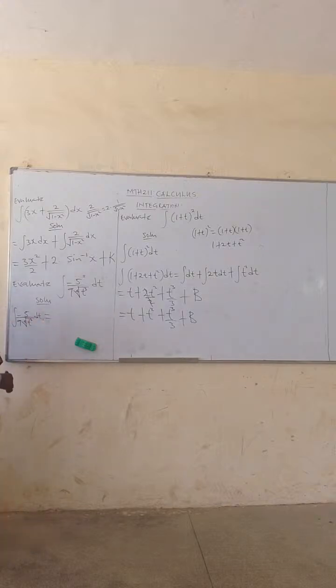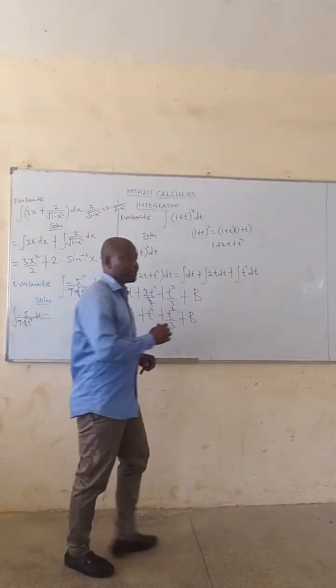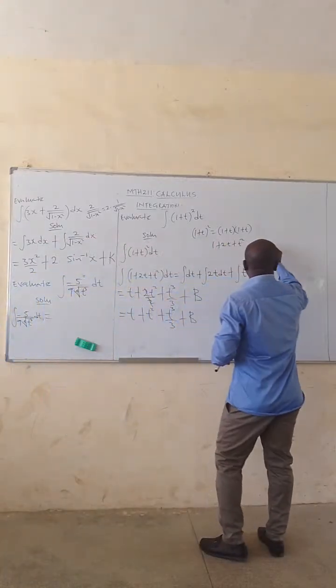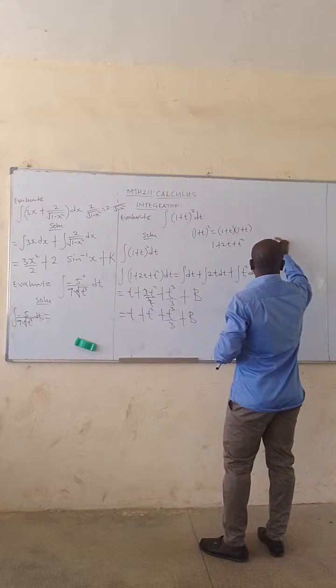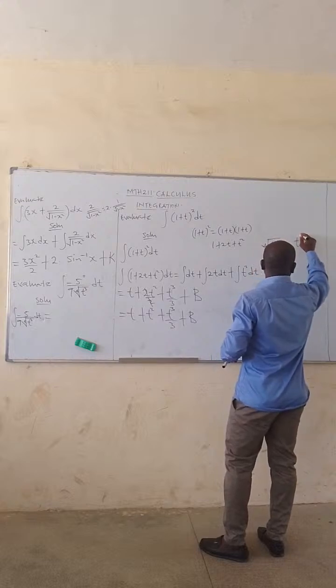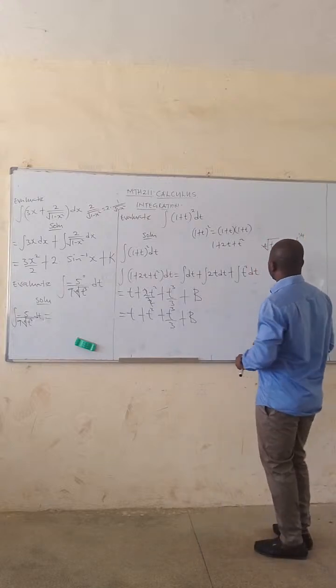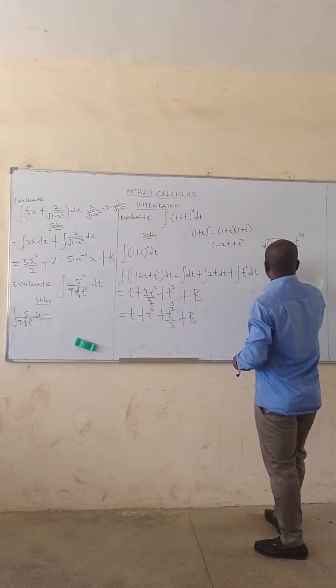This is the same thing as, let us go back to our indices. When we have the fourth root of 3, this is the same as 3 raised to the power 1 over 4, right? Then what if we have the fourth root of 3 raised to the power 3?